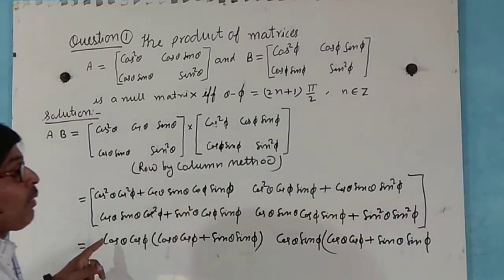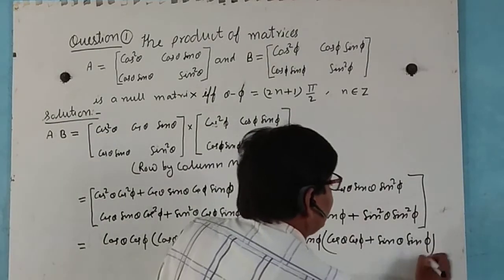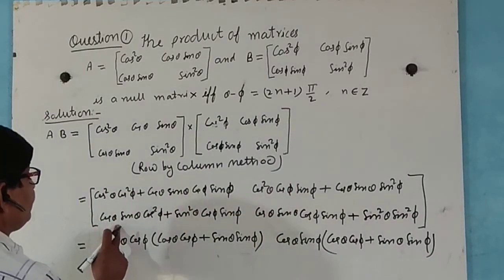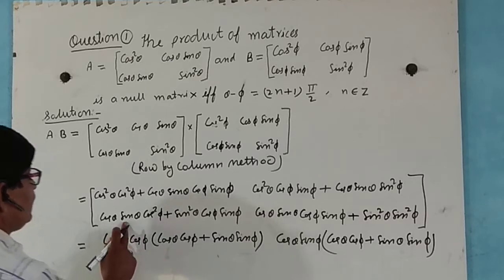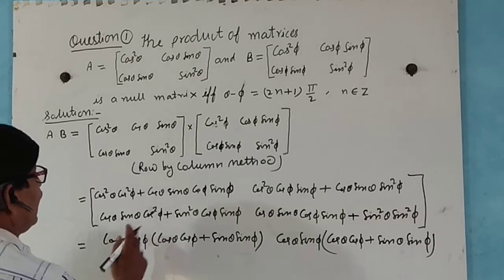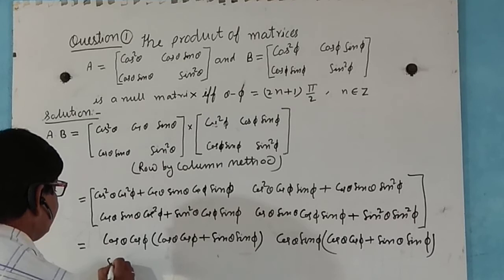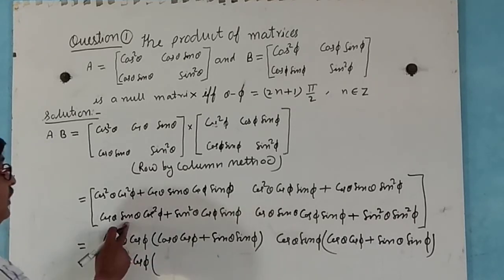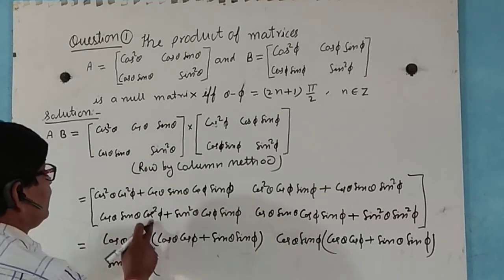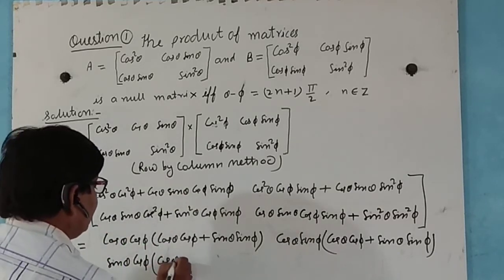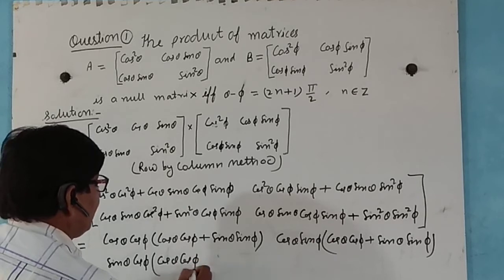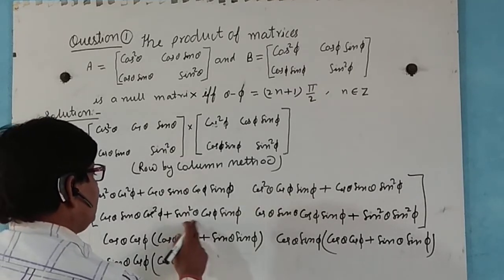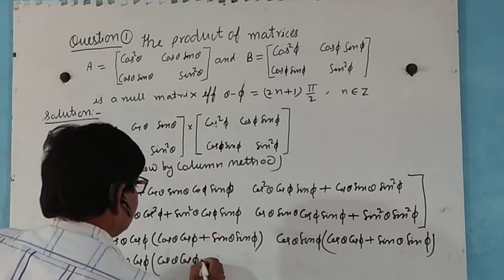Now in this case we take common sin theta cos phi, leaving cos theta cos phi plus sin theta sin phi.